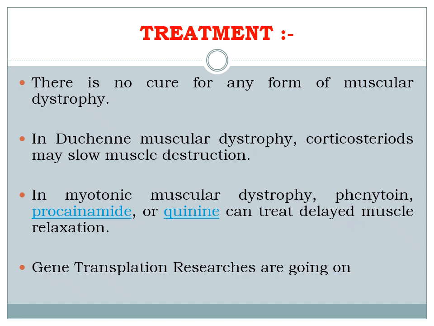There is no cure for muscular dystrophy, but corticosteroids may slow muscle destruction. The muscle wasting, the muscle proteins will be affected; if you give steroids, the process will be slowed.